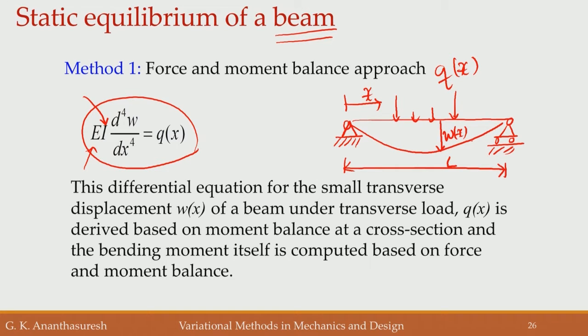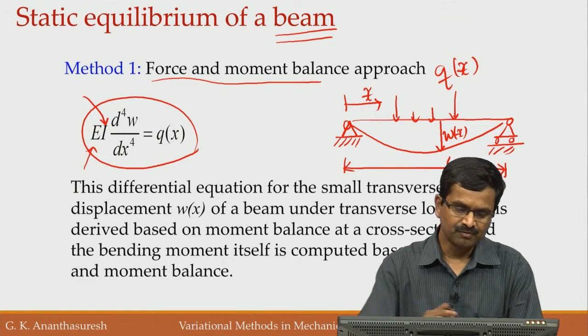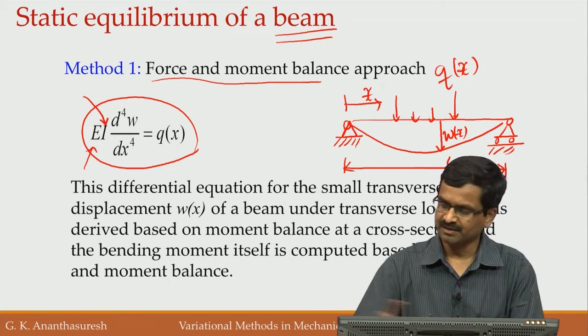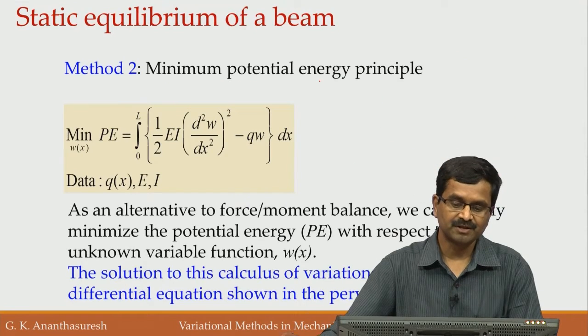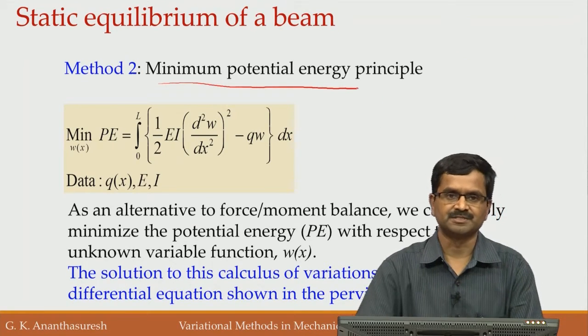From your engineering mechanics courses you would have gotten it by doing either force or moment balance. That is method 1 that we all learn, that when forces are balanced you get static equilibrium condition. Now, we will pose this problem differently using what we will call method 2, which is minimum potential energy principle.